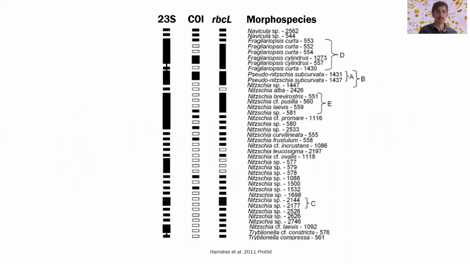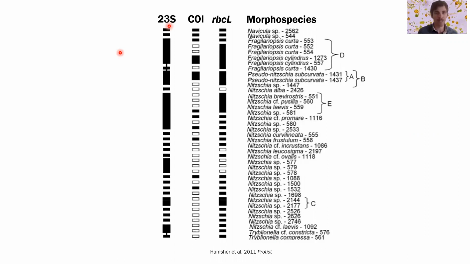Some work by Sarah Hampshire and colleagues looked at some morphospecies that were identified and extracted DNA from, and looked at 3 different primer pairs that targeted 3 different amplicons to see how well they recovered those morphospecies. This 23S, these long black bars, show that it's identifying that there are taxa there, but it's merging multiple morphospecies together.